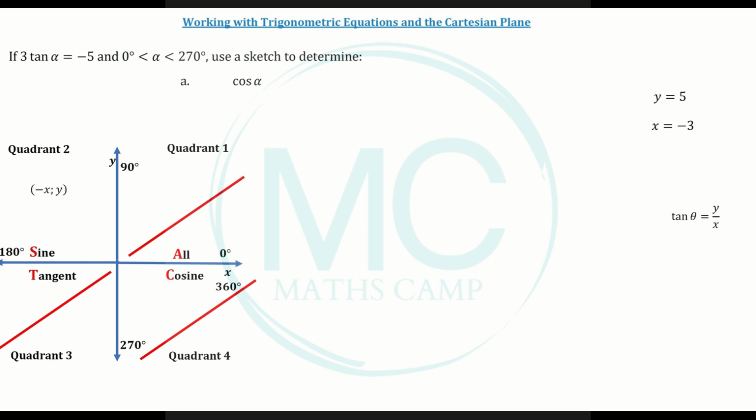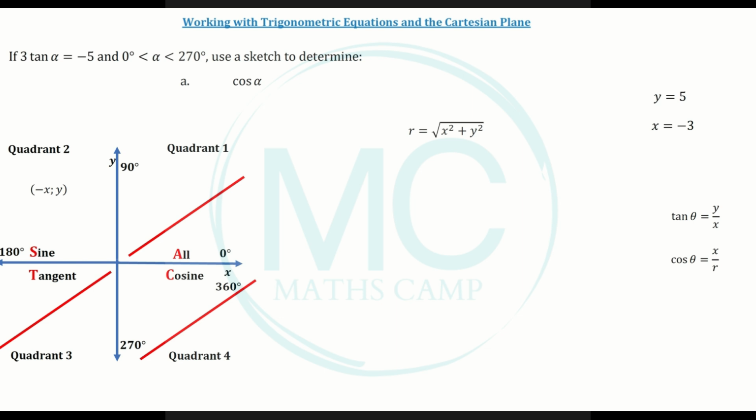Now we can make some space and start with part A, determine cos alpha. Now we know that cos theta is equal to x/r. So we need to find the value of r before we can find the value of cos alpha. We have a value for x and a value for y, so we can use Pythagoras to solve for r. So we say r is equal to the square root of x squared plus y squared.